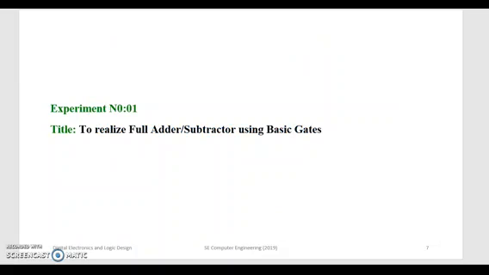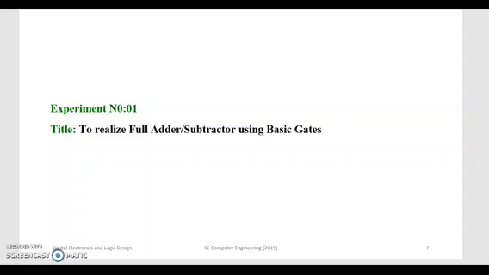Now in today's video, we are going to see experiment number 1, that is to realize a full adder and full subtractor with the help of basic gates. In lecture we have seen the basic gates. There are 3 basic gates: AND, OR, and NOT.